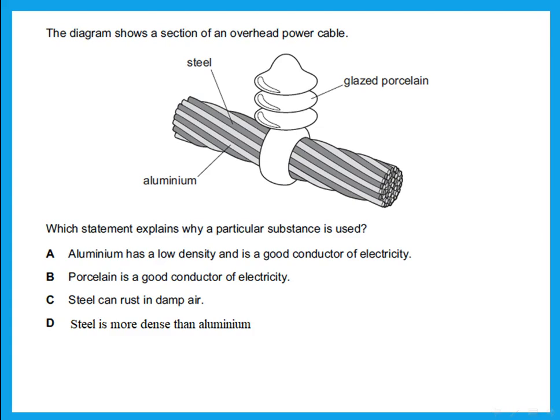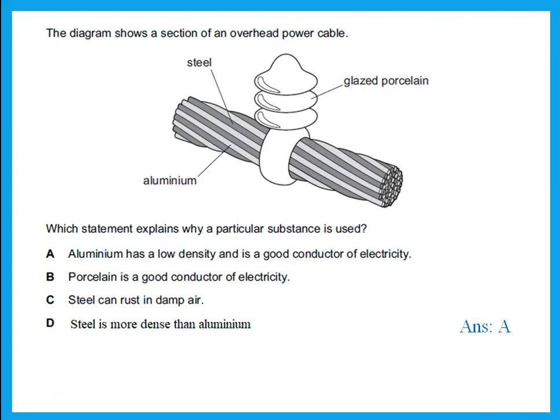Steel can rust in damp air. Well, that's not why we're using it actually in overhead cables. Remember, we said, if we say why do we use steel in overhead cables, this is just to make it stronger. Steel is more dense than aluminium. Well, yes, okay, steel is more dense than aluminium, but that's not why we're using it in overhead cables.